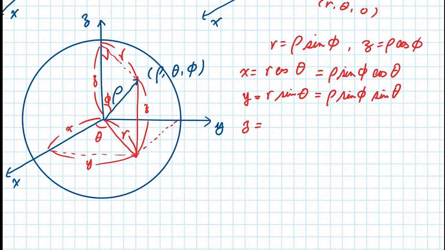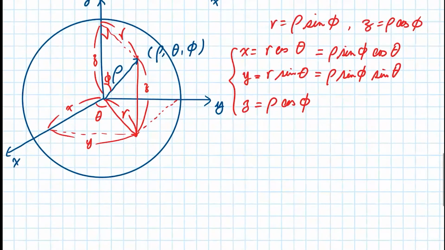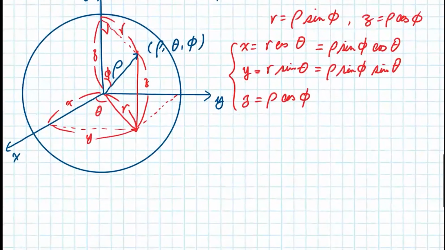And our Z, like I said, is rho cosine phi. This is the relationship between Cartesian and spherical coordinates. Holy cow, huh? And one of the benefits of having spherical coordinates, of course, is when you have something circular.